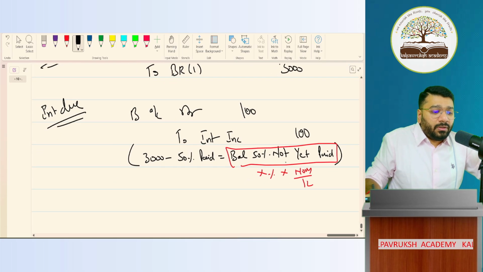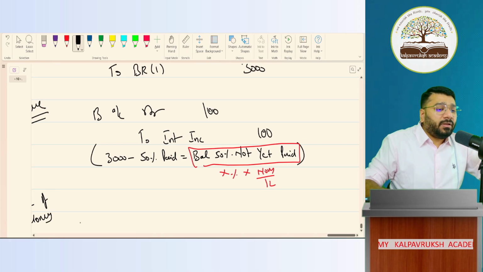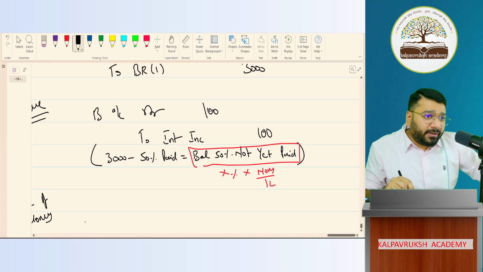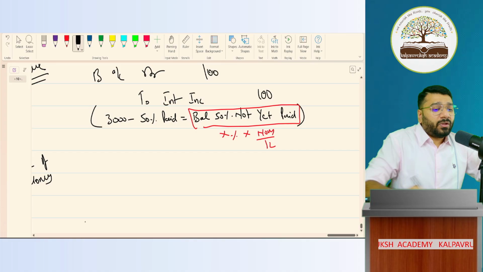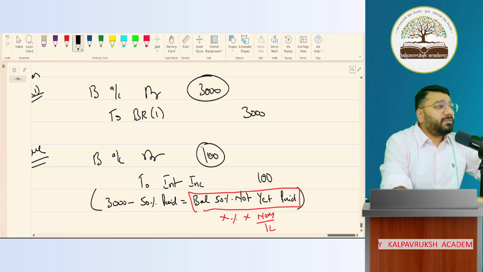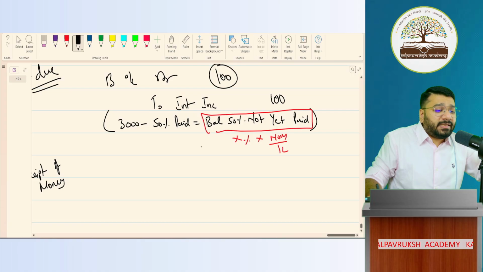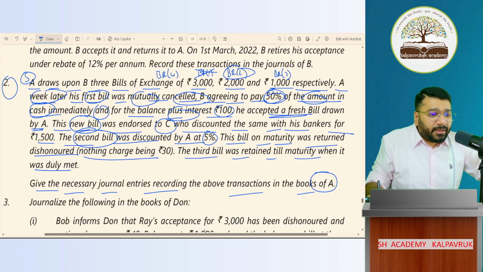Now, receipt of money. How much money is received? 1,500 along with interest is received? No, only 1,500 is received. Out of 3,100 from B, how much am I supposed to receive? 3,100. Out of 3,100, only 1,500 is received. So is cash coming or a cheque? Cash.